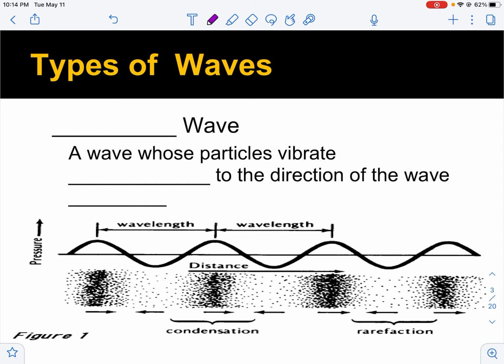I hate when I give you the wrong thing. It's a transverse wave. And these are waves whose particles vibrate perpendicular to the direction of the wave. And that is the motion of the wave.